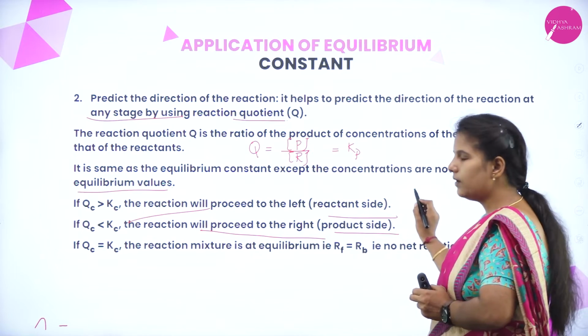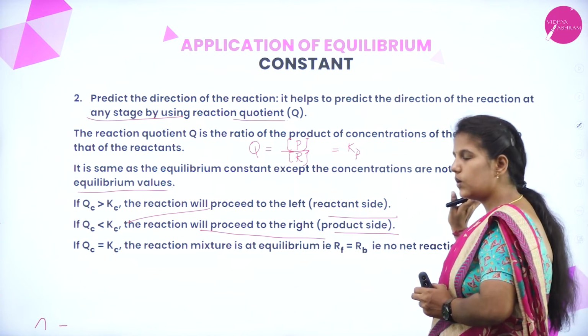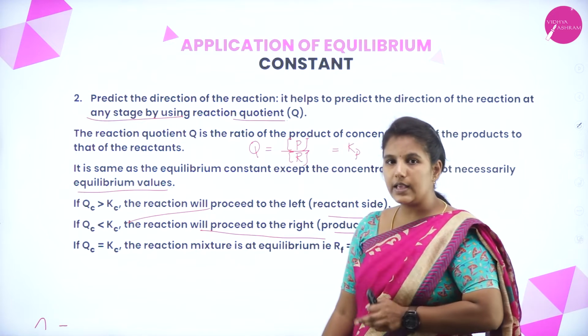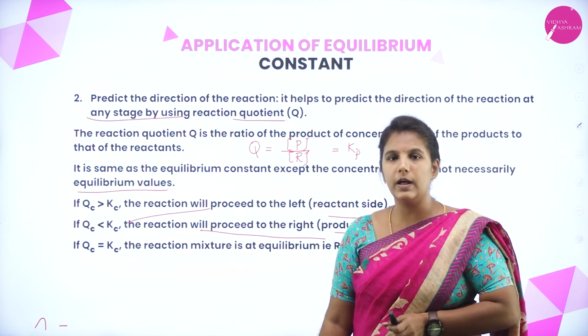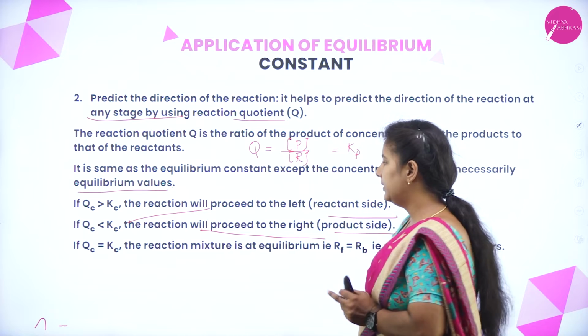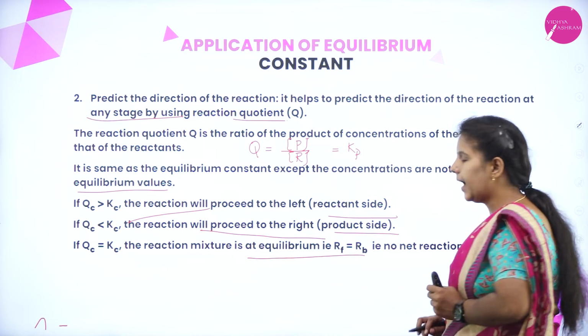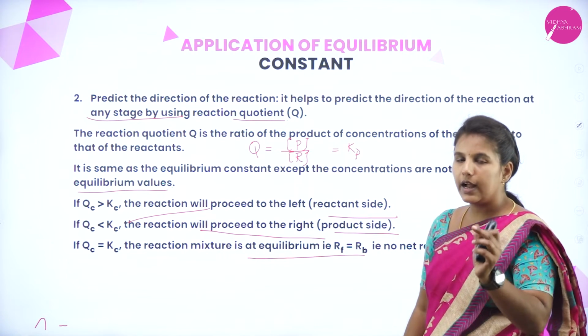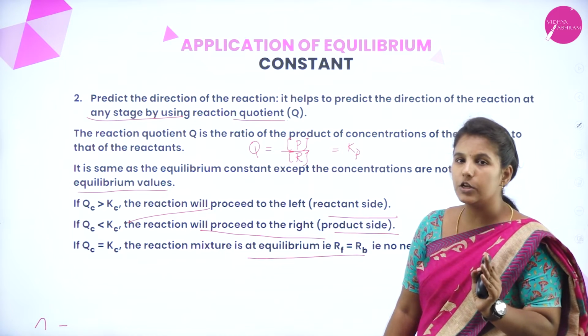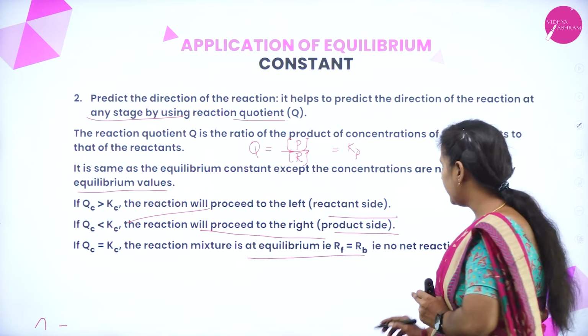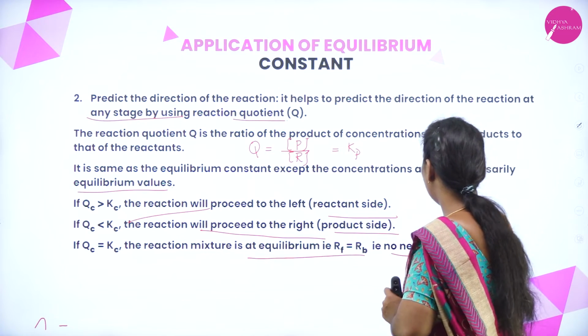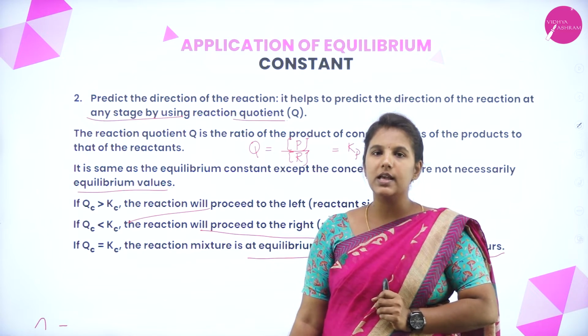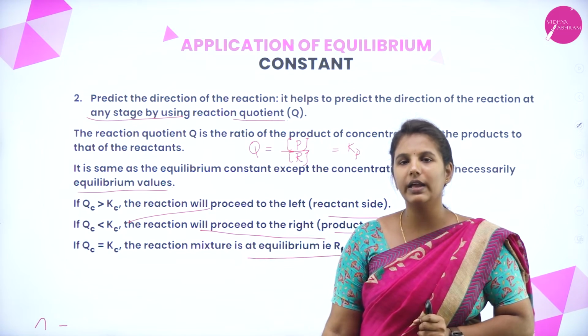So, this is from the reactant side and this is towards the product side. If Kc is equal to Qc, then the reaction mixture attains equilibrium, so that the rate of the forward reaction equals the rate of the backward reaction and there is no net reaction, and the system attains equilibrium.